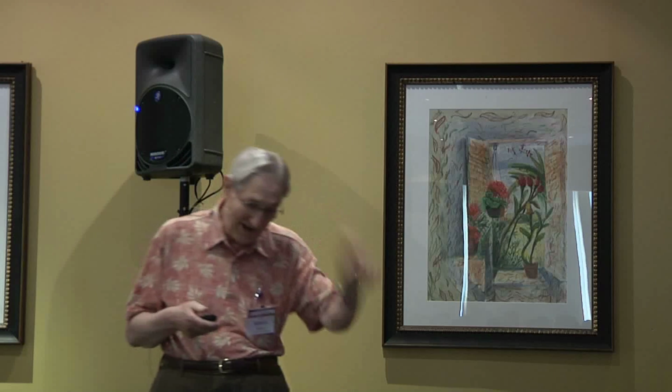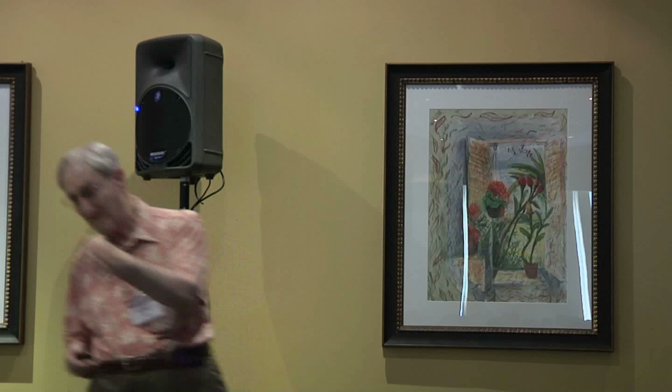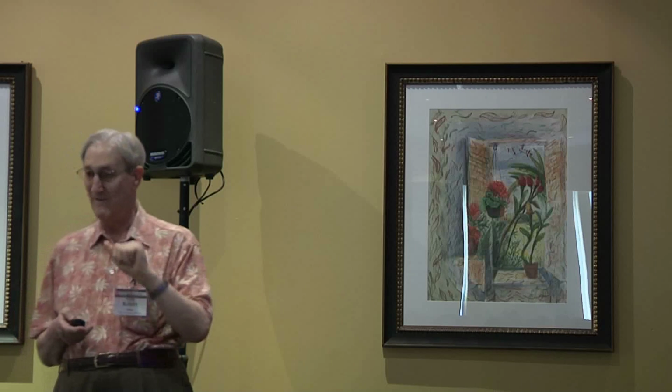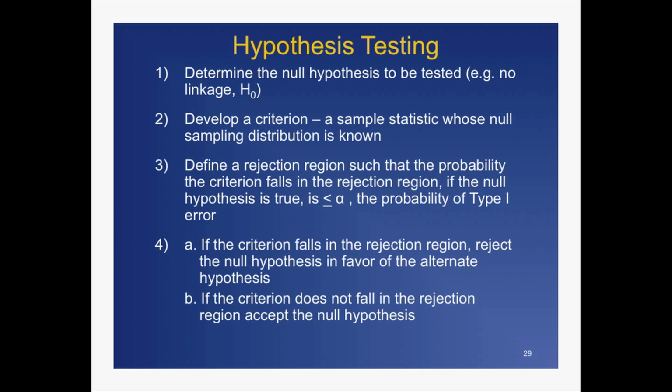If you fall there, I'm going to reject. If you fall here, I'm not. And you're going to control this type 1 error to alpha. This is the way it goes. If the criterion falls in the rejection region, you reject the null hypothesis in favor of the alternate. If it does not, you accept.